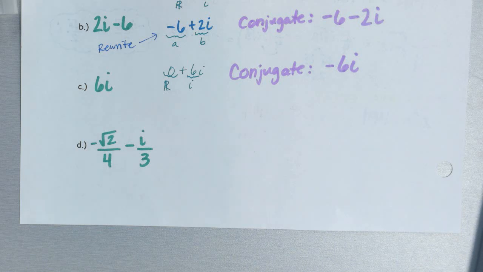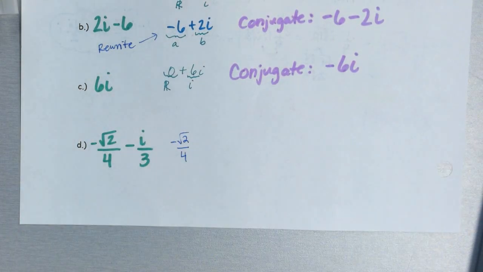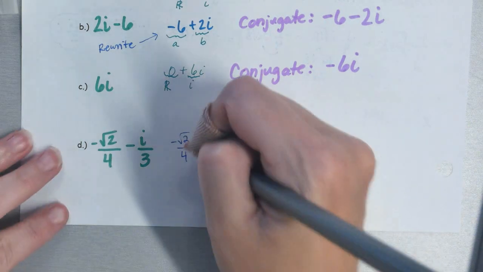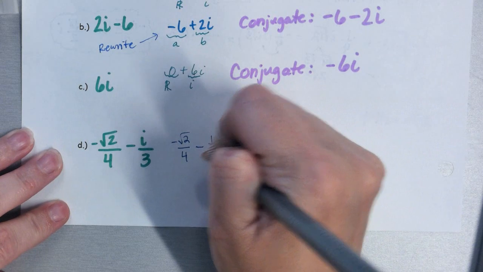Okay, so Jack, what's the real part of this? Would that be negative first? Yeah, okay, so this is the real part. That's not going to change. The imaginary part, what I can do is rewrite this as negative 1/3 i.